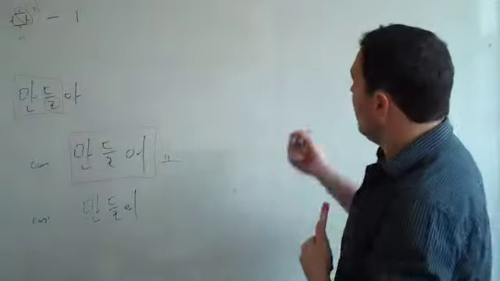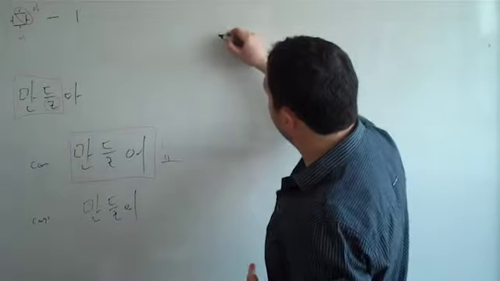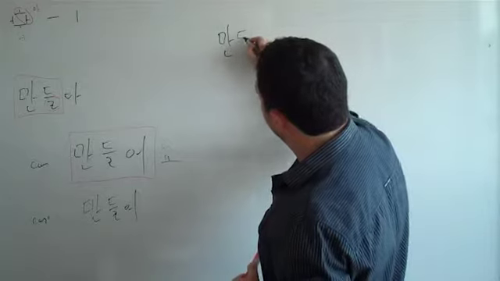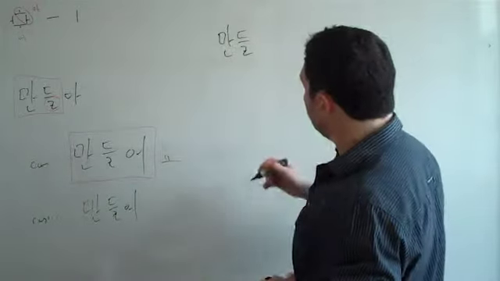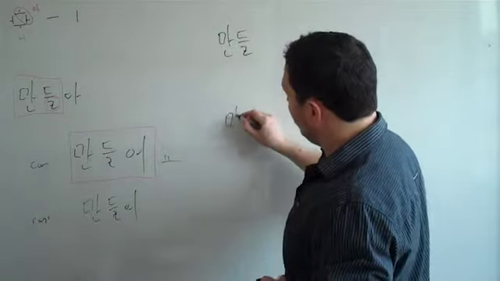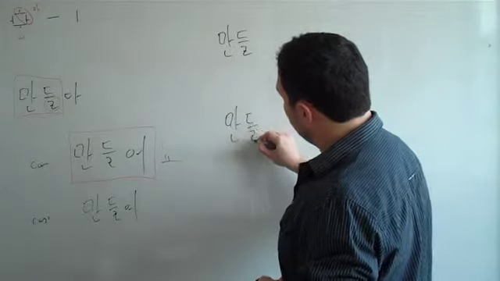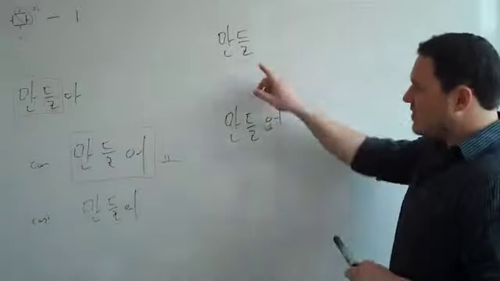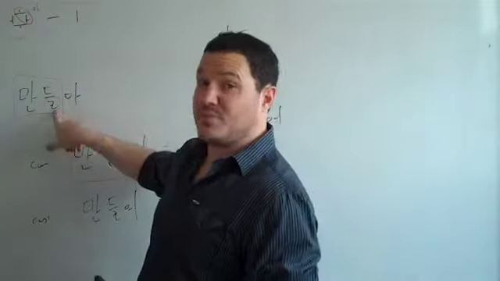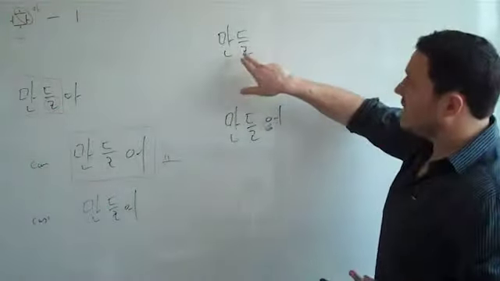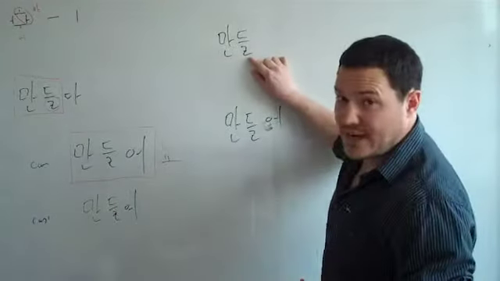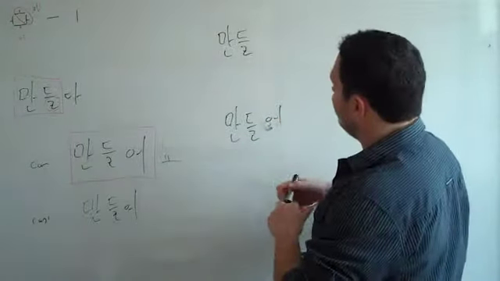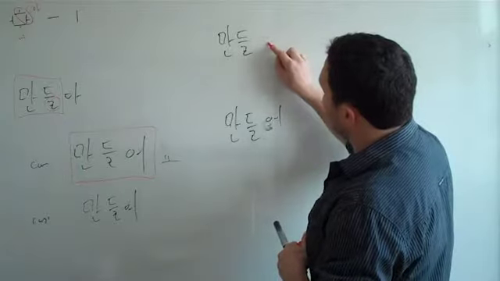So let's go over to the future form. 만들, and our past form using the changed form. So here's a great example about this being a little bit special. 만들, and then we know the future form brings in an L. Now what we don't need to do in this case is add this extra.